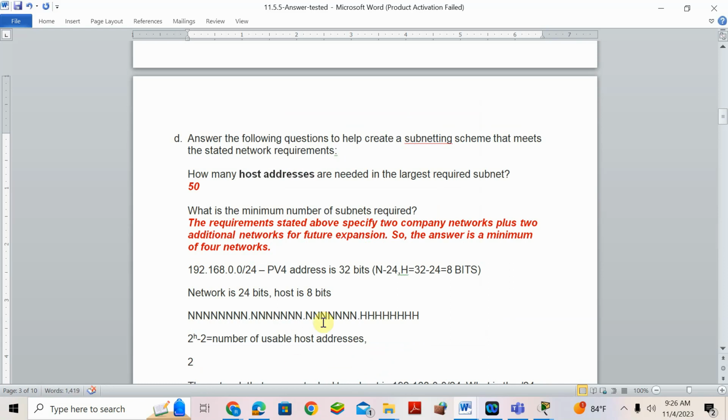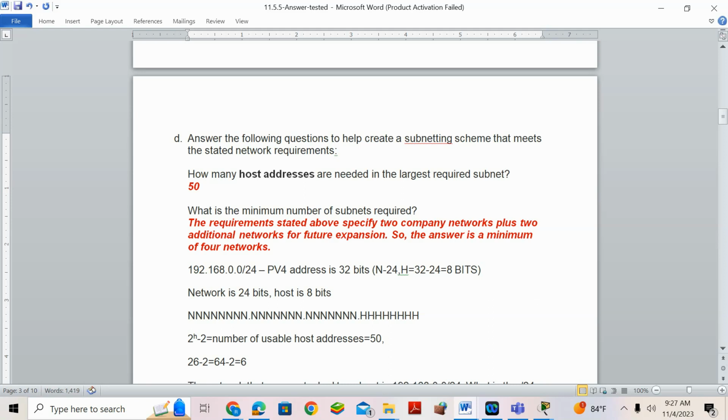No, I need 50. So what I need is 2 power 6. 2 power 6 is 64, minus 2 equals 62.